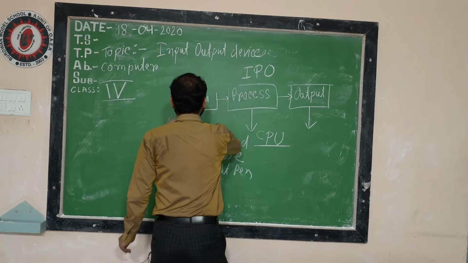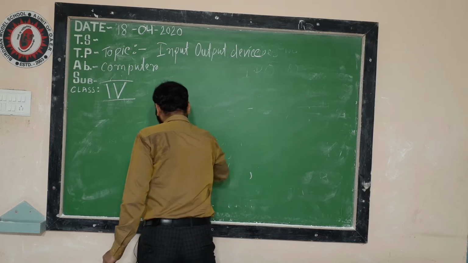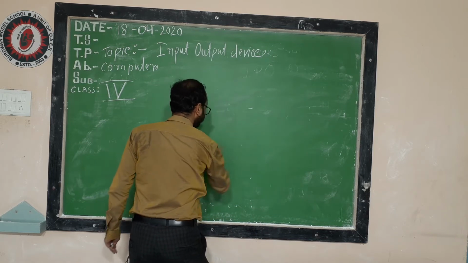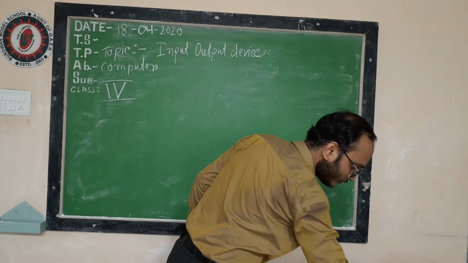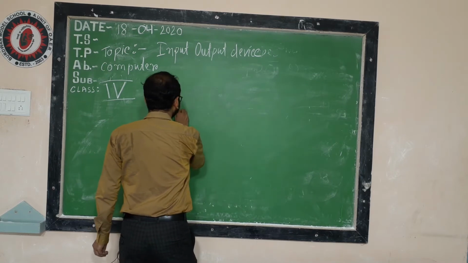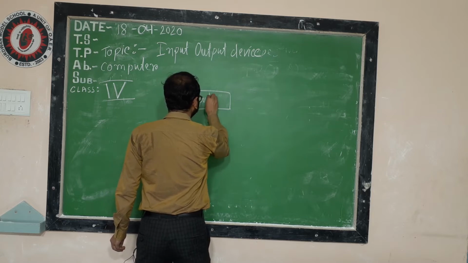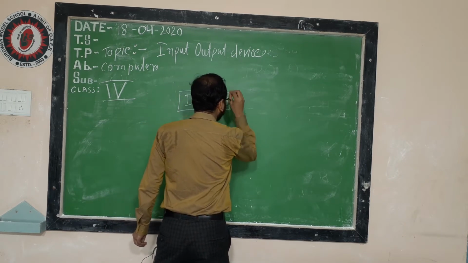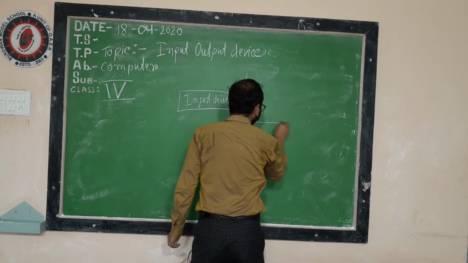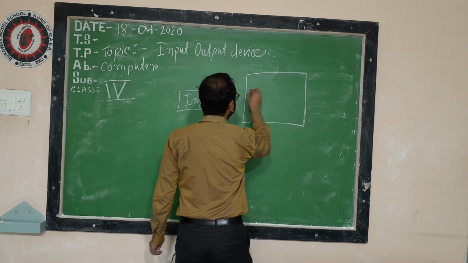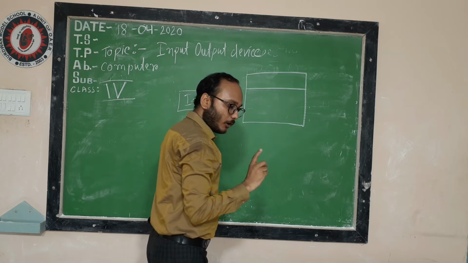So how does it work? Look at it. It is input device. Next, it goes to the CPU portion. CPU is divided into three parts. Already told.